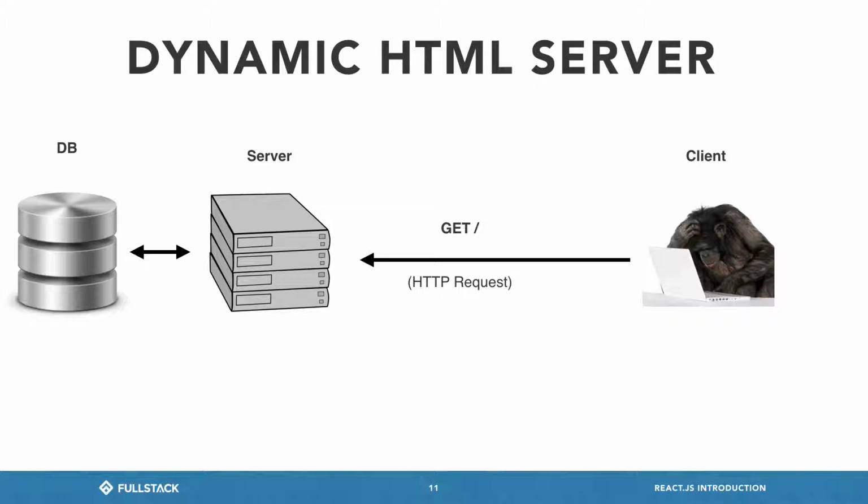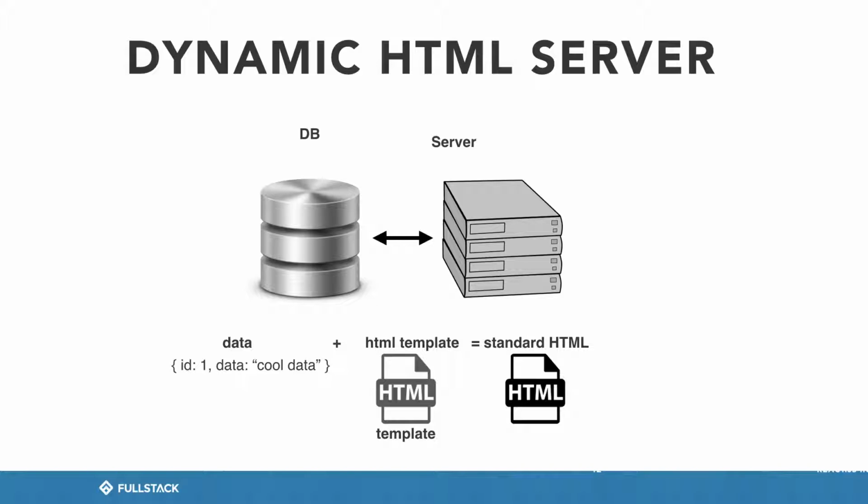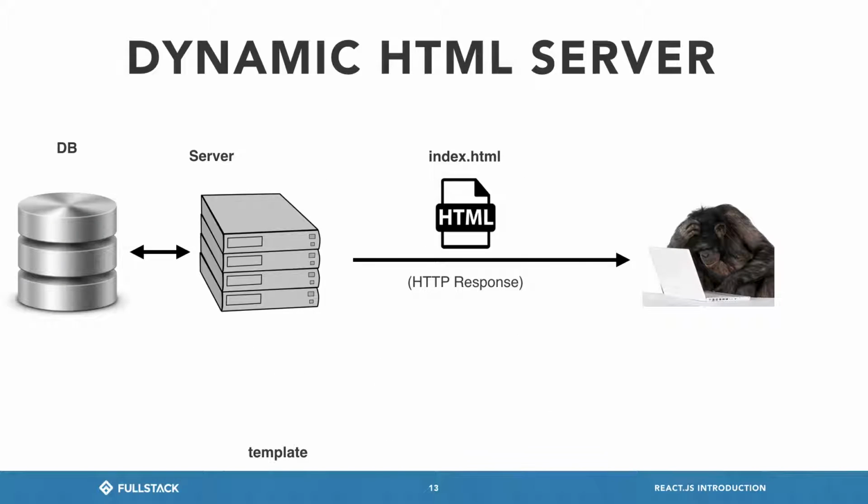So the client sends a GET request, goes to the server. Now we're on the server. Server maybe fetches some data, grabs an HTML template, combines them, still produces a normal HTML page that they're ready to send back. And they send it back, and from the client side, they don't notice any difference.